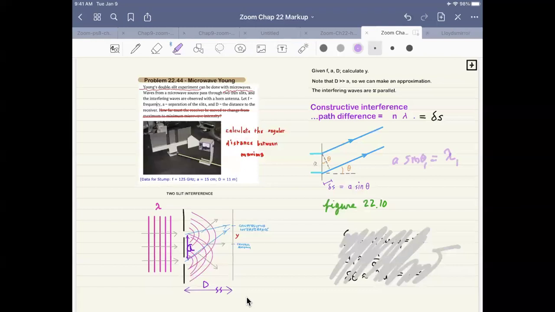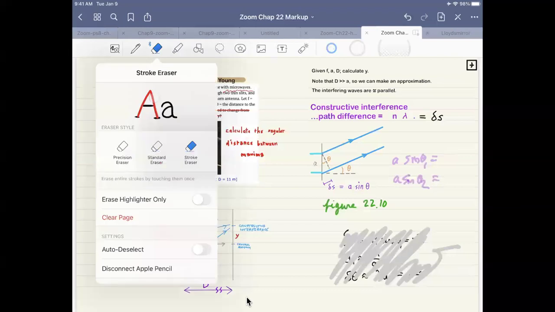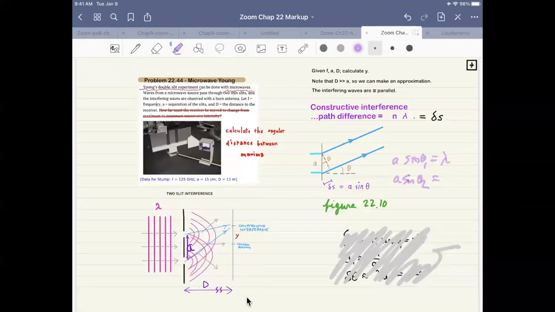That's for the first constructive interference, or A sine theta 2 is 2 lambda. Set n equals 1, set n equals 2. Calculate the angular distance between the maxima. So I want to know theta 2 minus theta 1. That's the unknown.